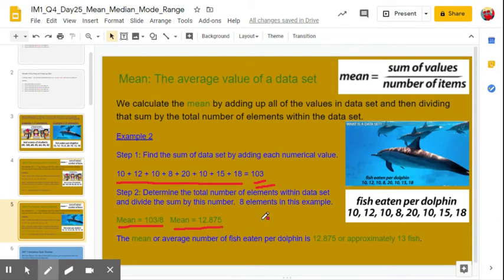It will not always come out as a pretty number. So now the mean or average number of fish eaten per dolphin is 12.875. Since we're talking about number of fish eaten by a dolphin, most likely you would round that to the nearest whole fish. So we'd say approximately 13 fish per dolphin.